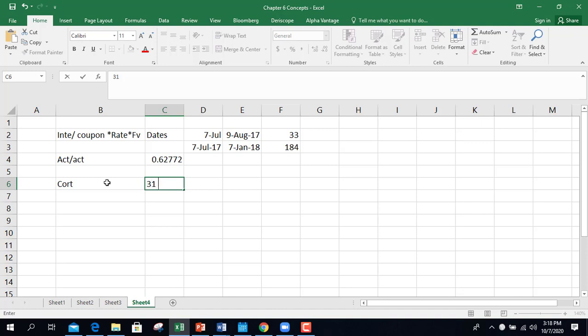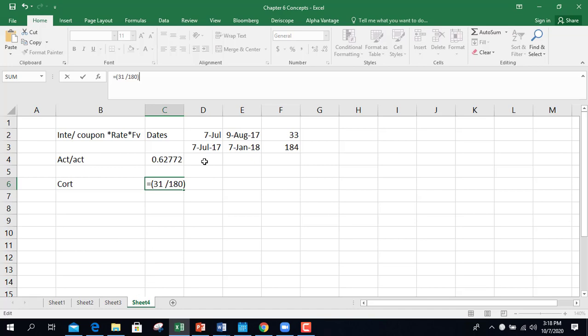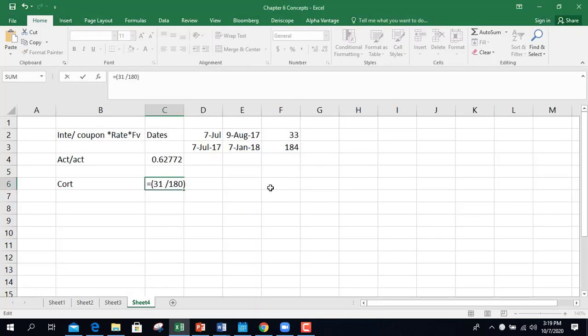So it will be 31 days divided by 180 days, since it is paying coupons every 6 months. For every month, we take 30 days and whatever extra days are given. Multiply this by 7% divided by 2 into 100.